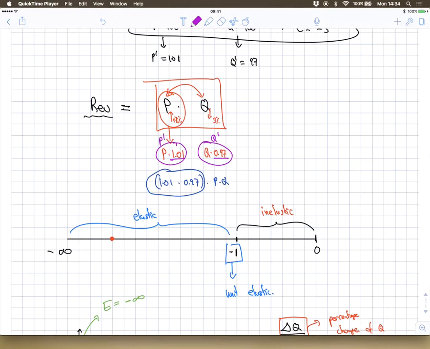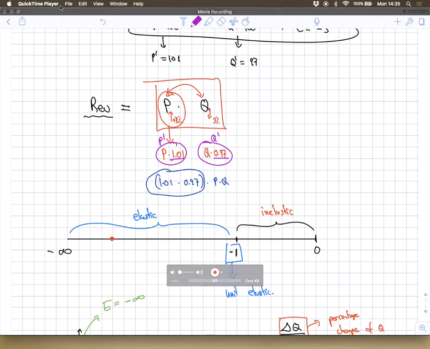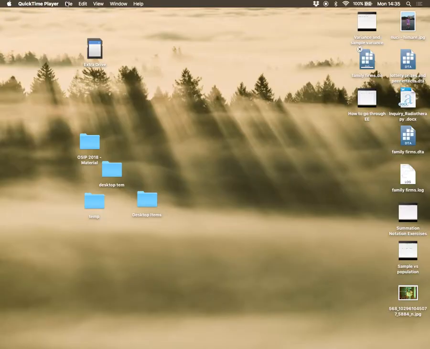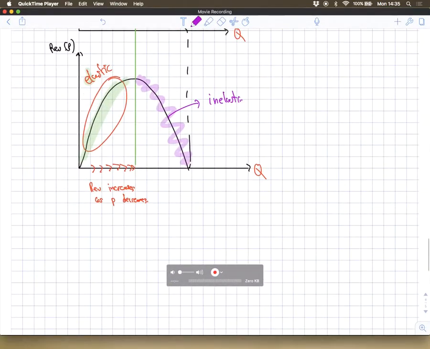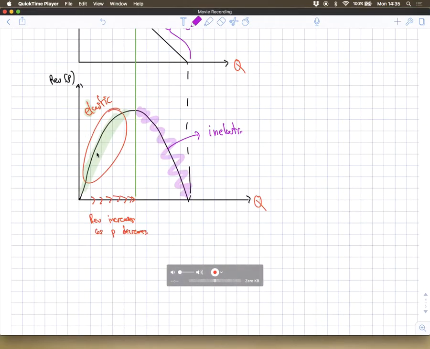So what should you do? If you're in an elastic part, you should lower the price. So this graph here tells you exactly that. It tells you keep lowering the price, because if you keep lowering the price, you will increase the revenue.